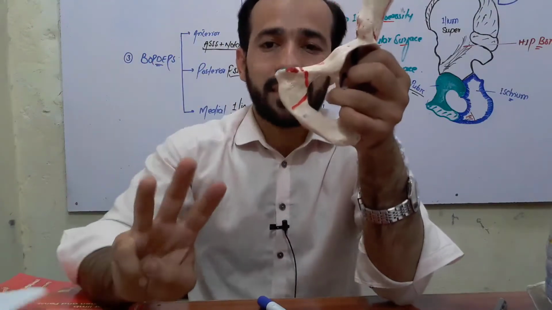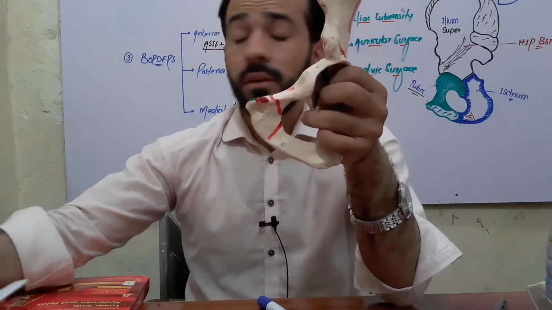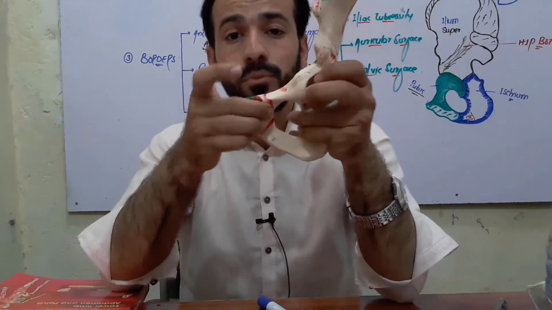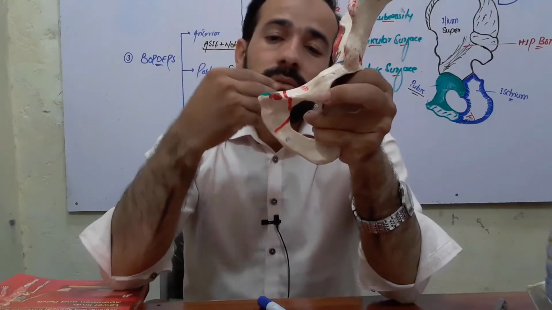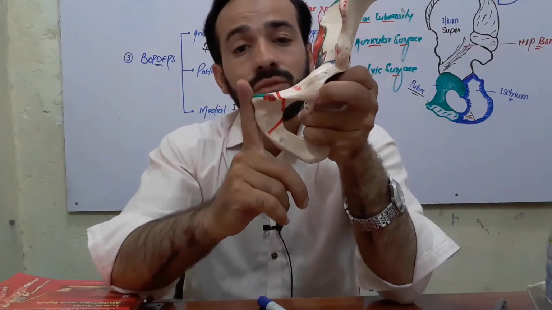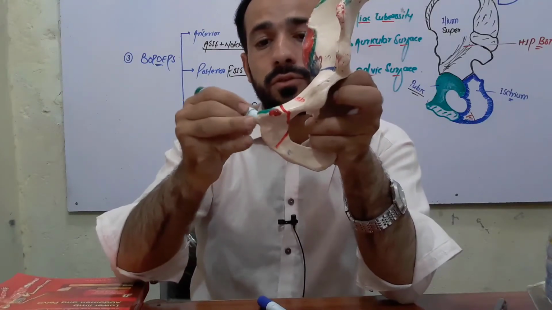Now it has three surfaces, right? I had told you that the body of the pubic bone has three surfaces: one, the anterior surface; second, the posterior surface or pelvic surface; and then there is the medial surface or symphysial surface. So let me show you here.